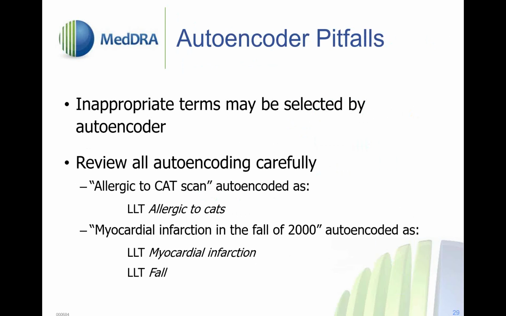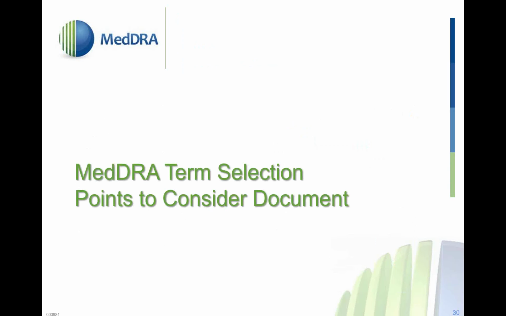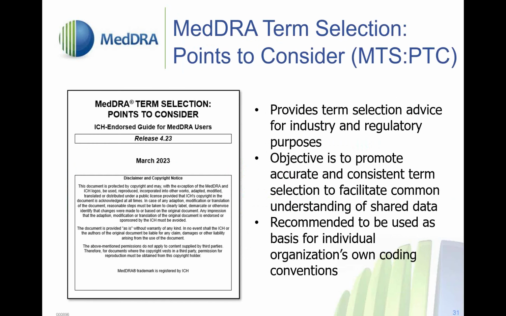Now, the ICH recognized the need for coding conventions, and especially on a global scale, on an international scale. So they created ICH endorsed coding guidelines, which they termed as MedDRA term selection points to consider.